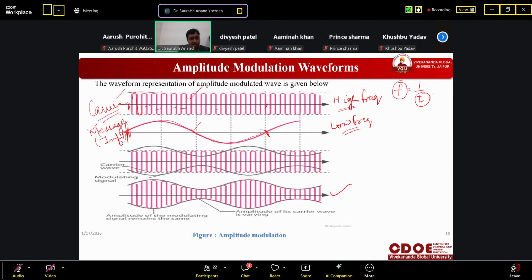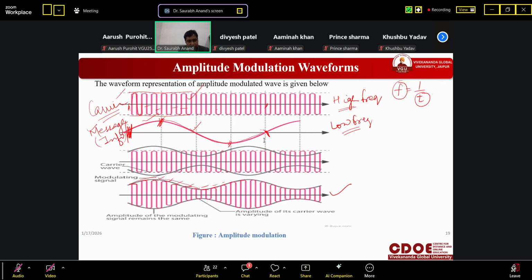In this case, the amplitude is the same, but here the amplitude is lower, higher, lower, higher, like that. At every time the amplitude is increasing or decreasing, depending upon the message. You can see that from this point to this point, it is increasing, and from this point to this point, it is continuously decreasing.